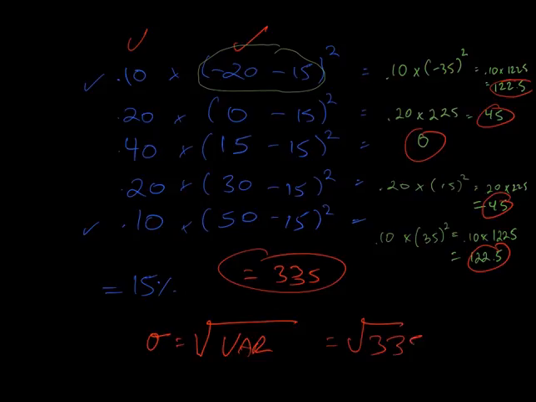Again, your handy-dandy calculator should do it all for you. Just hit the square root button, blam, and we get 18.3 and a bunch of change. So 18%, that is going to be your sigma or standard deviation.